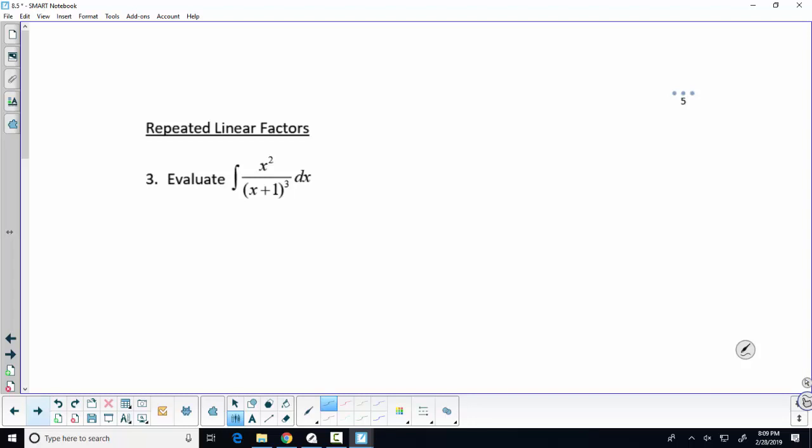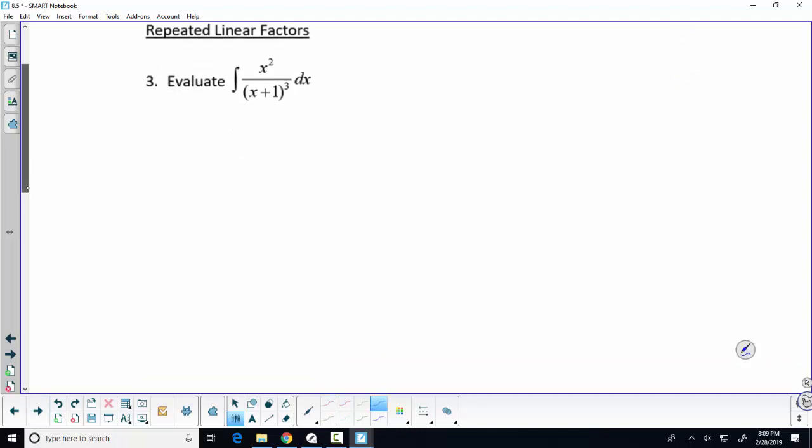All right, so here's an example when the shortcut doesn't work. So this time it's already factored for us, which is nice, but it's a linear factor that's repeated. So how would our setup look like on this? A over x plus 1, b over x plus 1 squared, plus c over x plus 1 cubed.